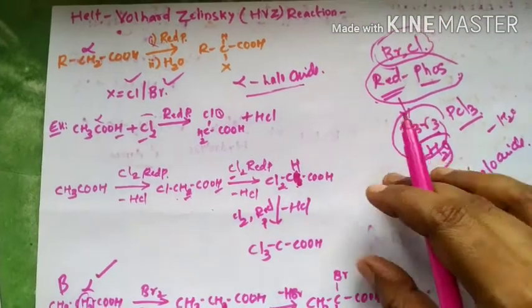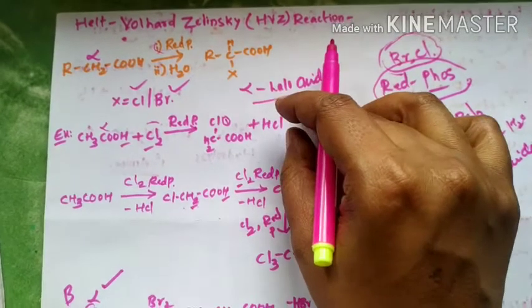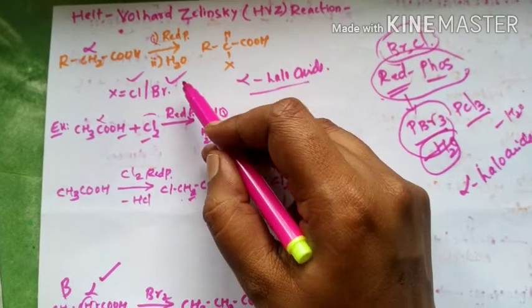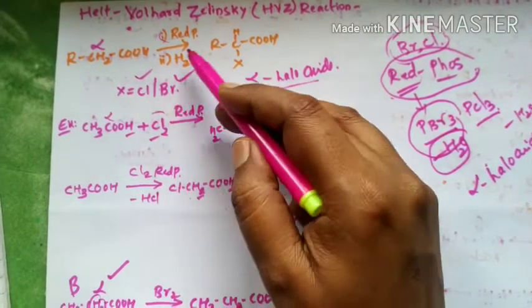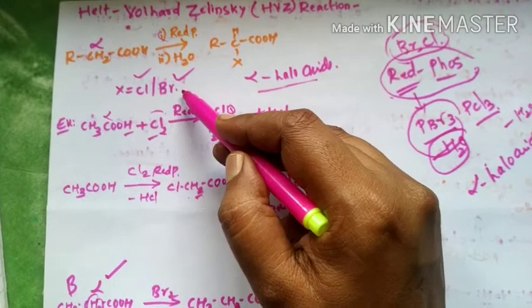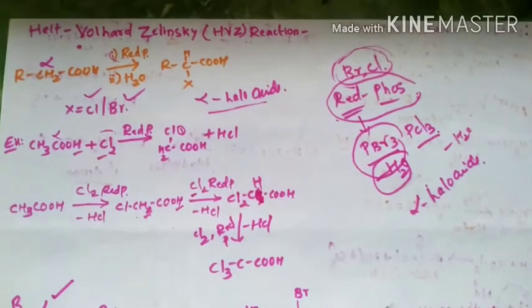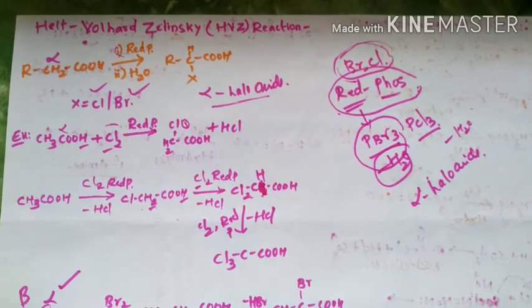This is known as the Hell-Volhard-Zelinsky or HVZ reaction. That is, when an alpha carboxylic acid is treated with halogens like chlorine or bromine in the presence of red phosphorus, it forms alpha halo acids.